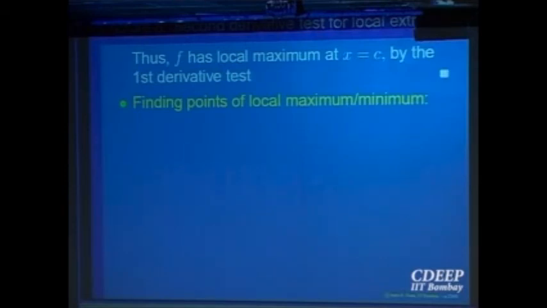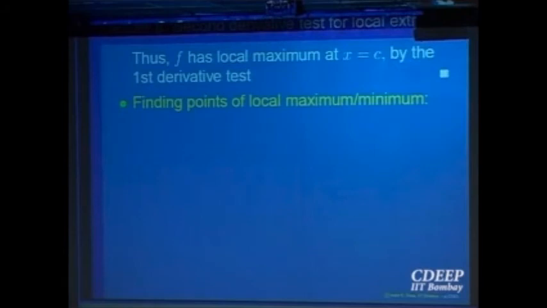That being bigger than 0 or less than 0 tells you that the quotient f prime at x minus f prime at c, divided by x minus c, is positive or negative in a neighborhood of the point c. And that gives you the sign of the first derivative. And now apply the first derivative test to conclude the second derivative test.